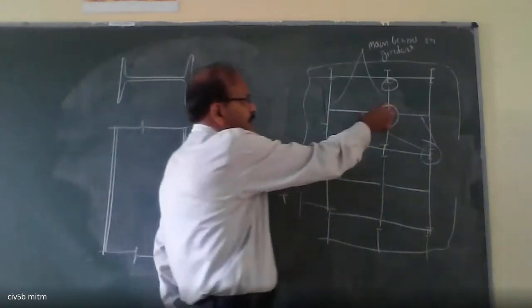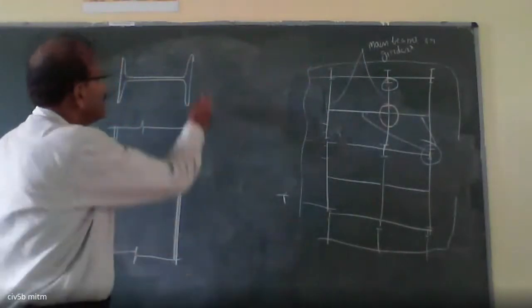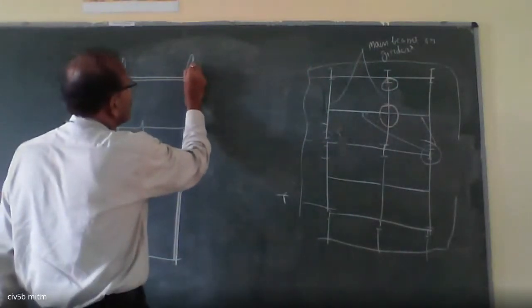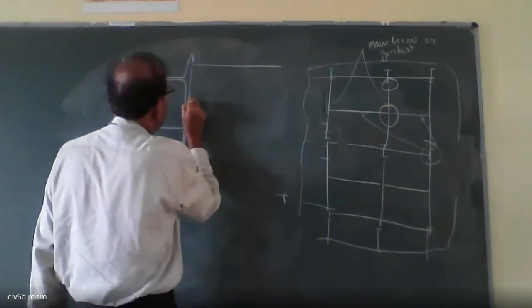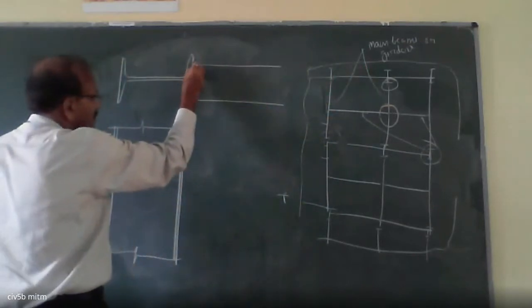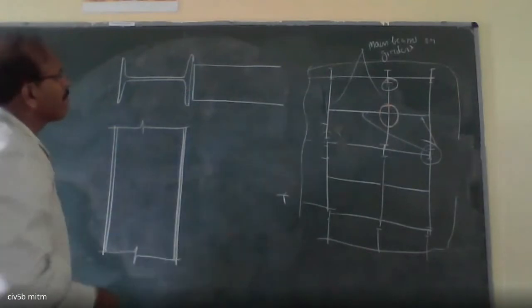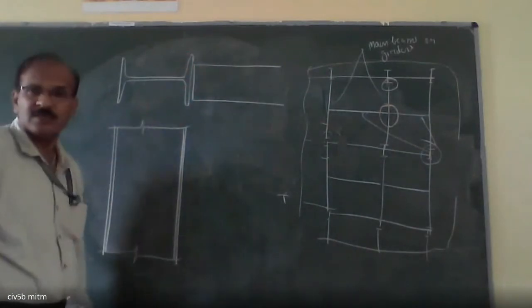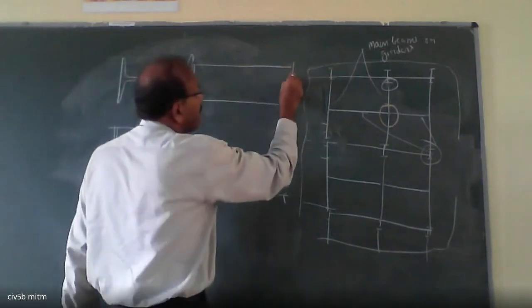So there is a beam coming here and sitting on the flange. That is, when you look from the top, there is a beam coming like this, and it is sitting on the flange of the column.